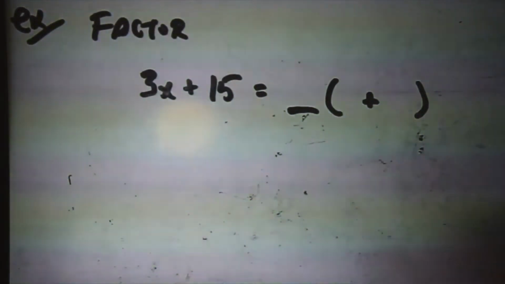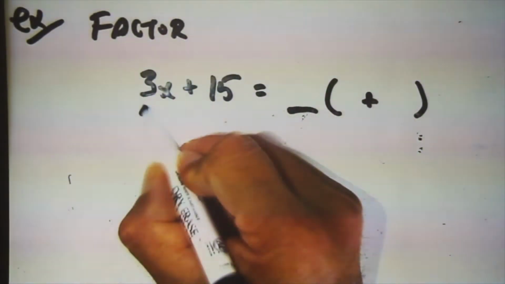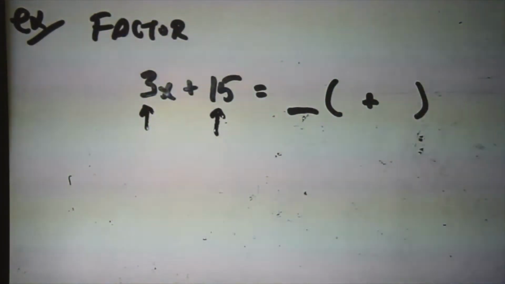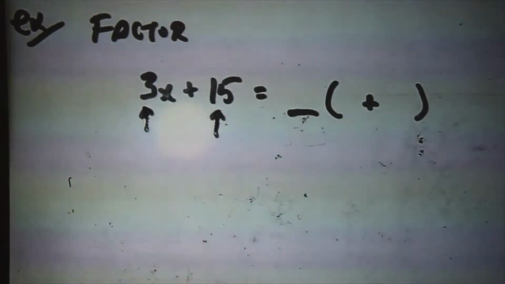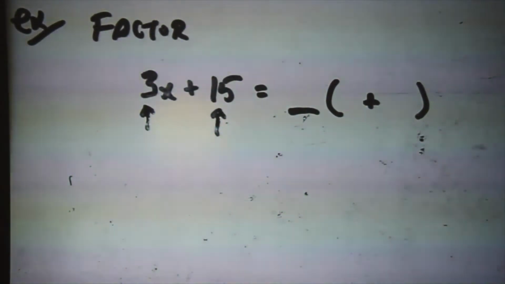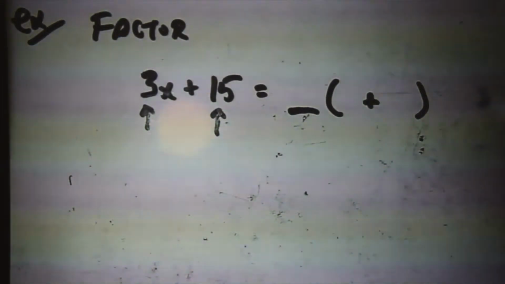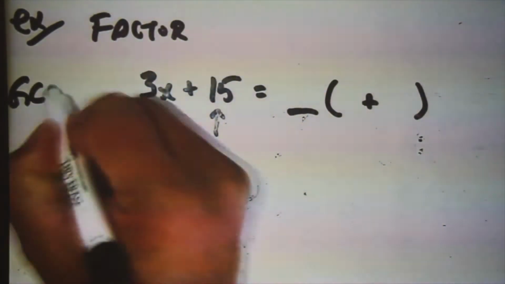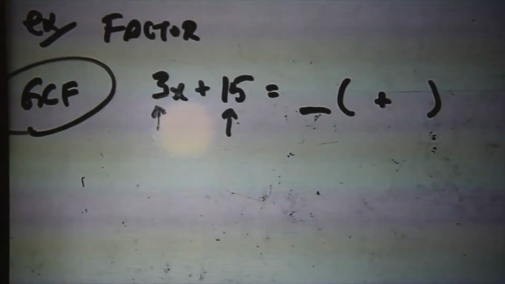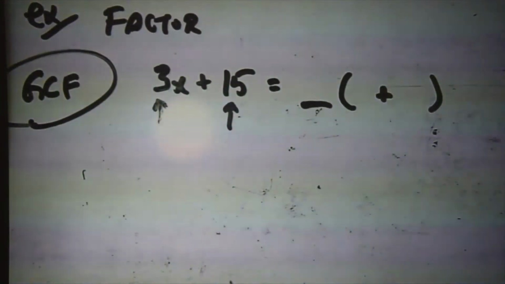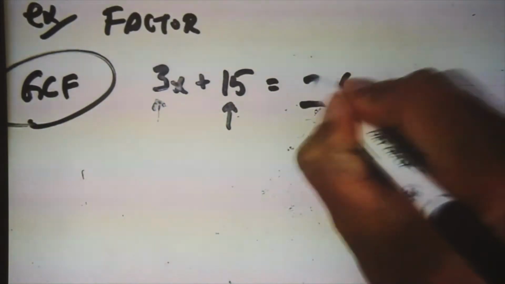So you look at the coefficients, the whole number values, if you will, that are in the given expression. So 3 and 15 is what I'm focusing on. Between 3 and 15, what's the greatest common factor? Your GCF. So factoring in this form is all about GCF, your greatest common factor. The greatest common factor between 3 and 15 is basically 3.